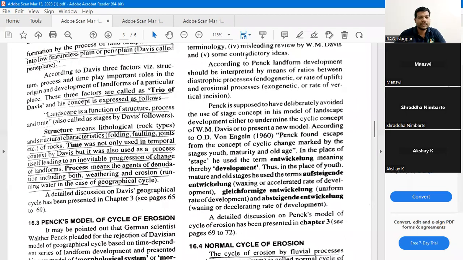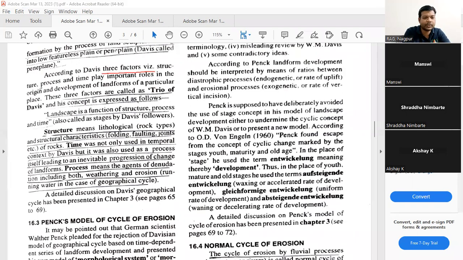Now, there are three factors which govern the process of peneplanation or the process of geomorphic cycles. These three factors are structure, process, and time.